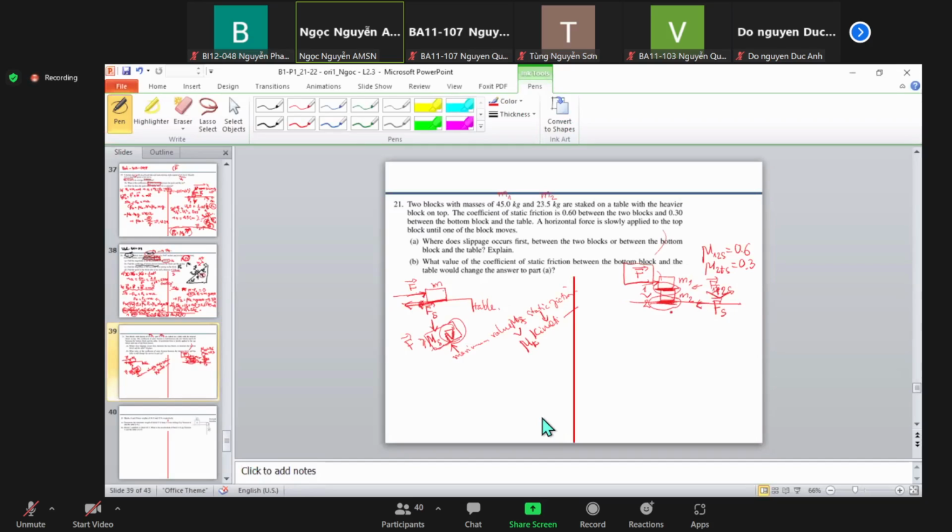It's a question. It means we need a larger force to make M1 move, to make the relative motion between them different from 0, right?